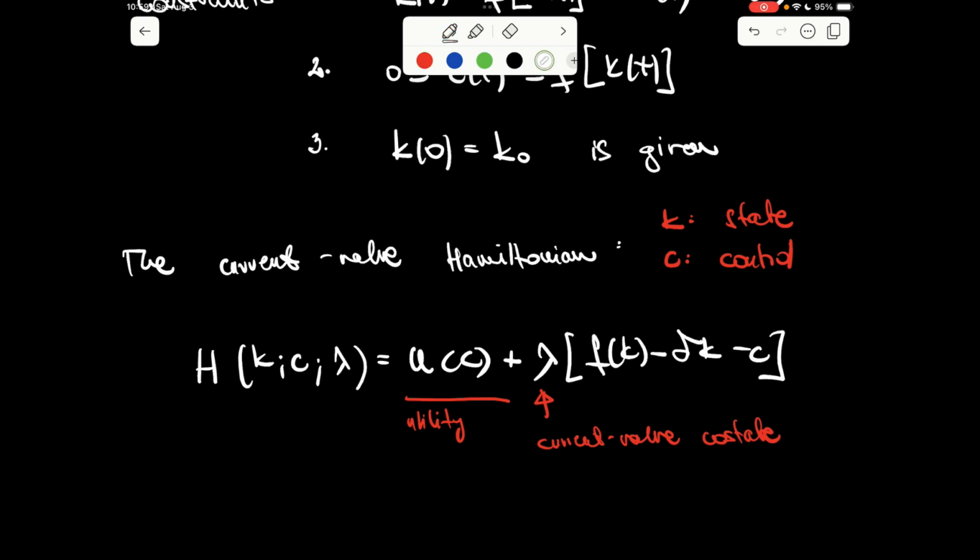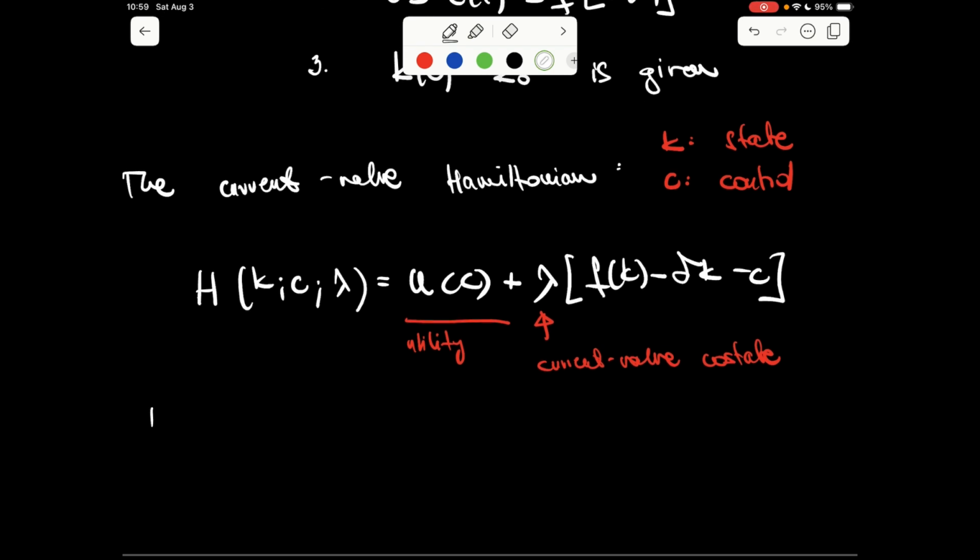Most of the time it is. Okay, and now we have the necessary conditions. You can see that the Hamiltonian looks very similar to the Lagrangian function. These methods are closely related.